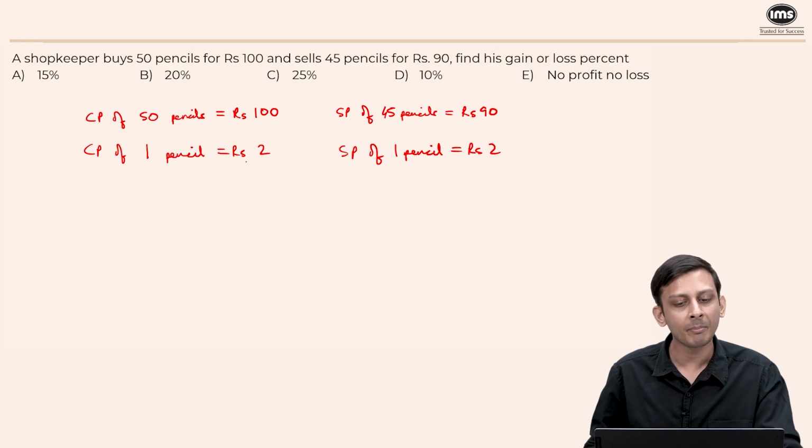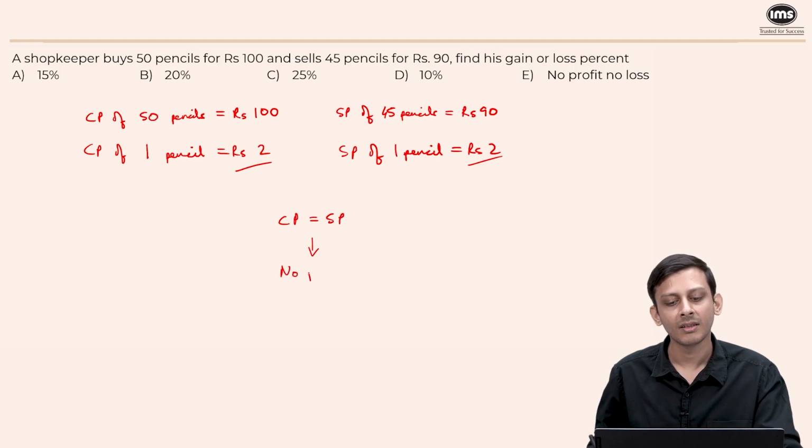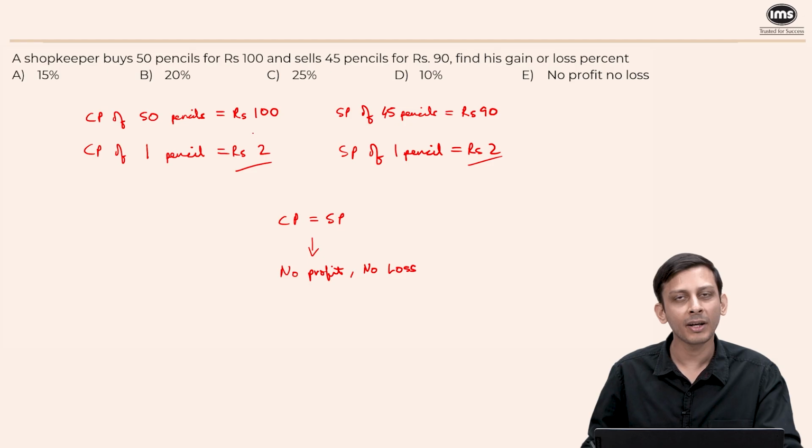So cost price of 1 pencil is also 2. Selling price of 1 pencil is also 2. Cost price is equal to the selling price for the same quantity, which means there is no profit and there is no loss as well. We are buying at a particular price, we are selling at the same price, we are not making any profit or loss, and therefore the answer is option E.